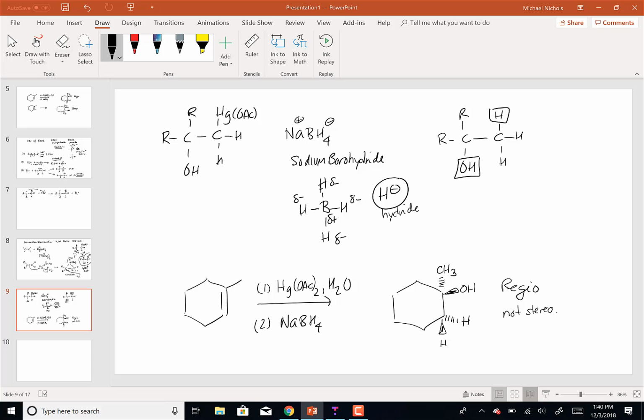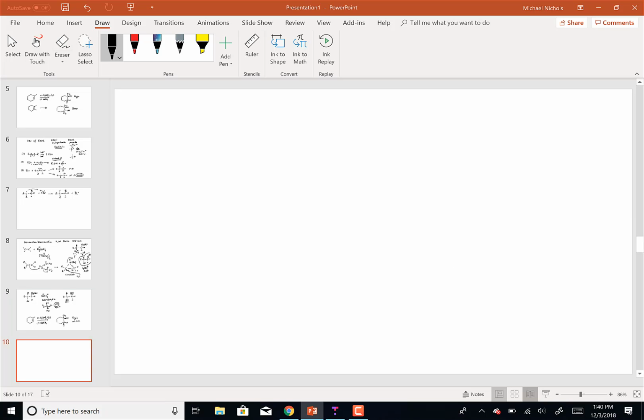We've talked about chirality and stuff. There's a lot of chemistry that goes into even an aspirin or a tablet. So anyway, this is mercuration, demercuration. Okay.